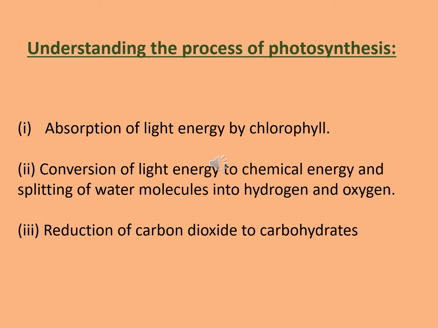So the dark reaction is taking place in the stroma, where carbon dioxide is being accepted by a compound, and this is assisted by an enzyme called Rubisco, ribulose bisphosphate carboxylase oxygenase.